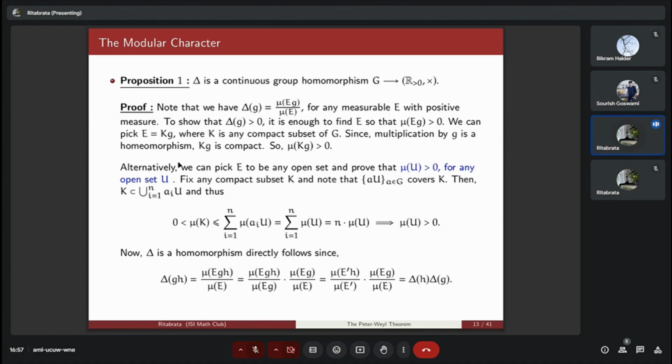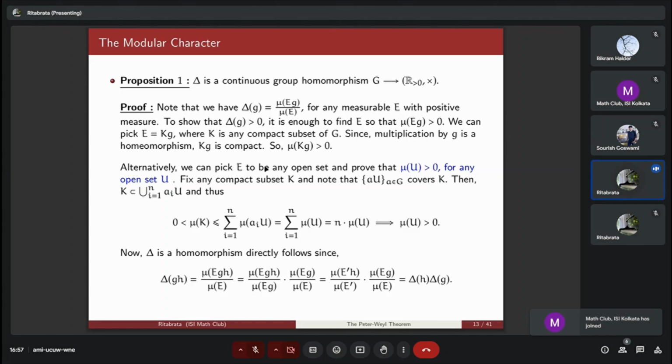We can also prove it alternatively, which is not necessary, but it proves a nice fact about Haar measure in a short way. That is, our Haar measure is also positive on any open set, which we can do in the following way.